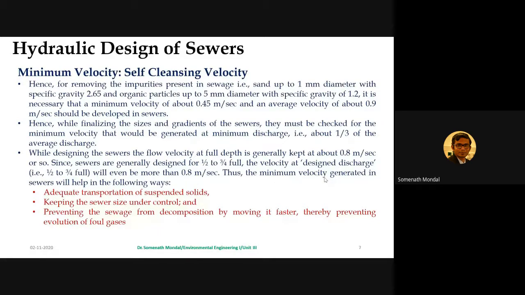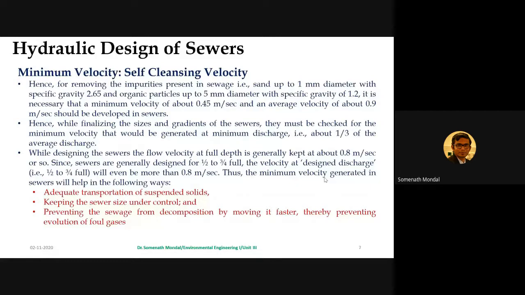That is another reason, to fulfill all the criteria. If you enlarge the size of the sewer, there are a lot of problems associated with bigger diameter sewers. We discussed it before as well. So to optimize the sewer size, it helps to check for the self-cleansing velocity.